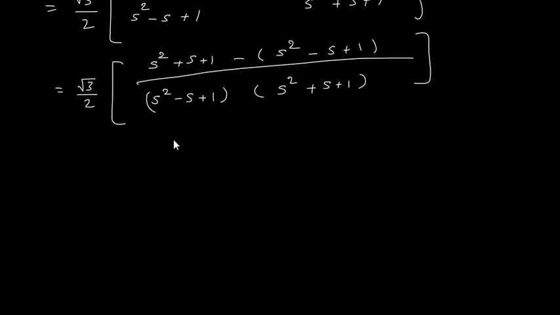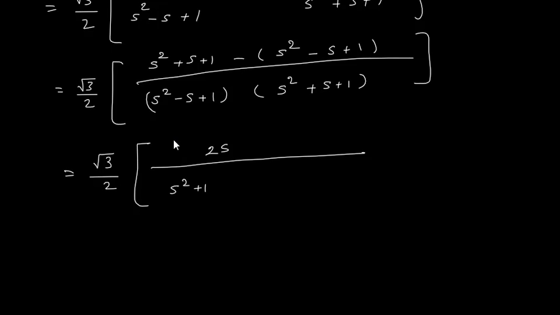Now if you open this bracket, this s square will cancel. This is plus s and then minus 1. So s plus s is 2s, divided by, what I can say, s square plus 1 minus s.